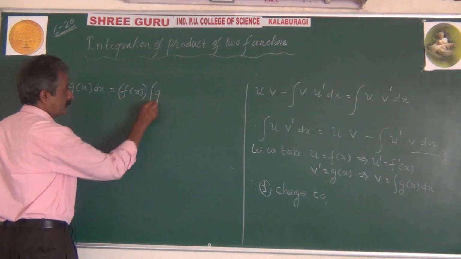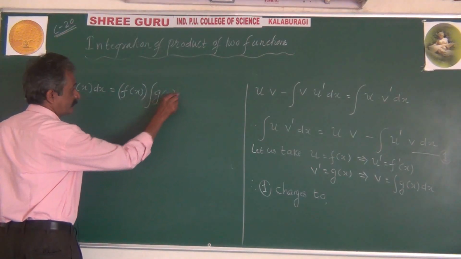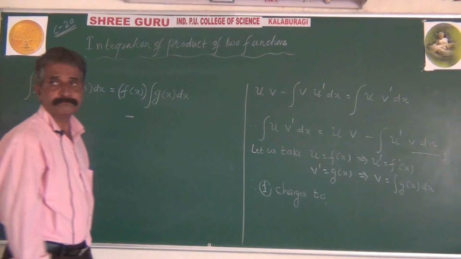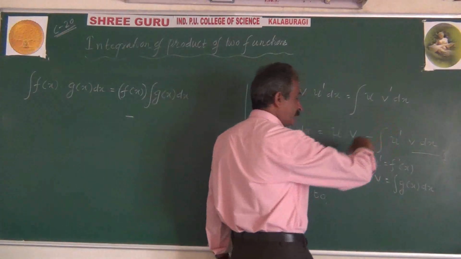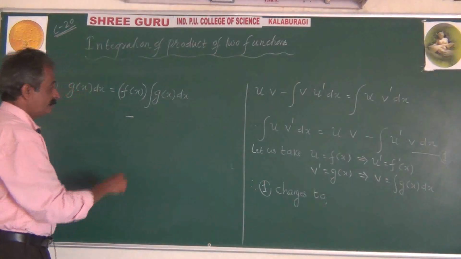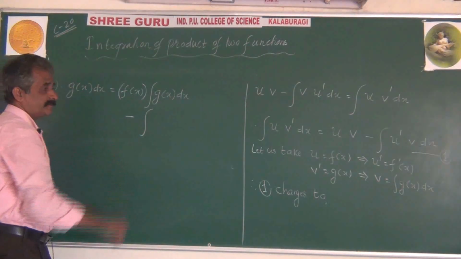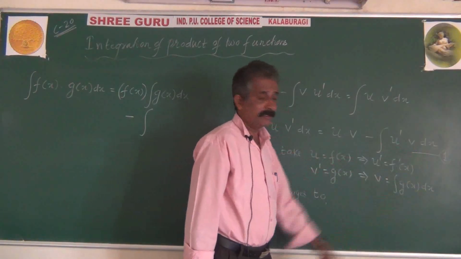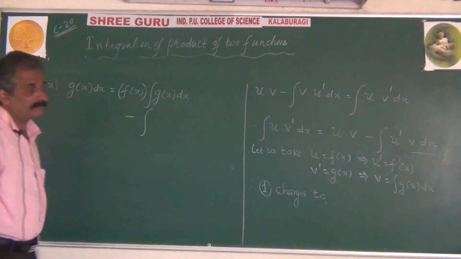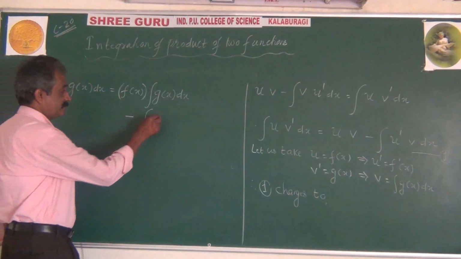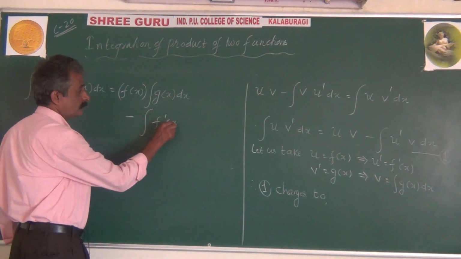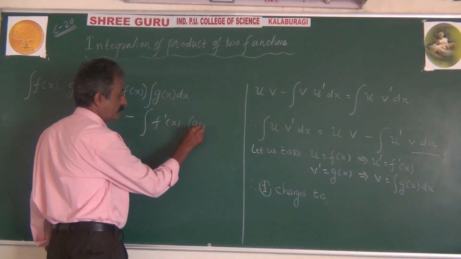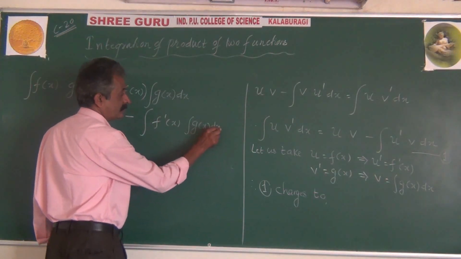So f of x into integration of g of x, minus. We have a symbol of integration; we should retain that symbol of integration. In that we have two terms. Among them, first one u dash means f dash x into v, v means integration of g of x dx.